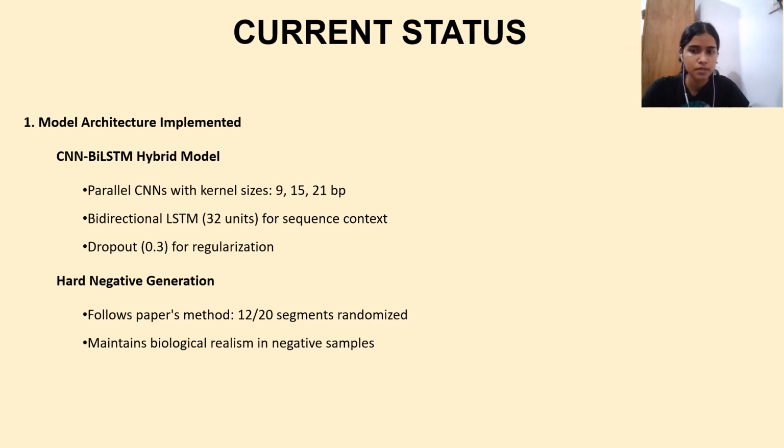The bidirectional LSTMs have 32 units and process the sequence both forward and backward for better context comprehension. A dropout rate of 0.3 helps prevent overfitting by randomly ignoring 30% of neurons during training.